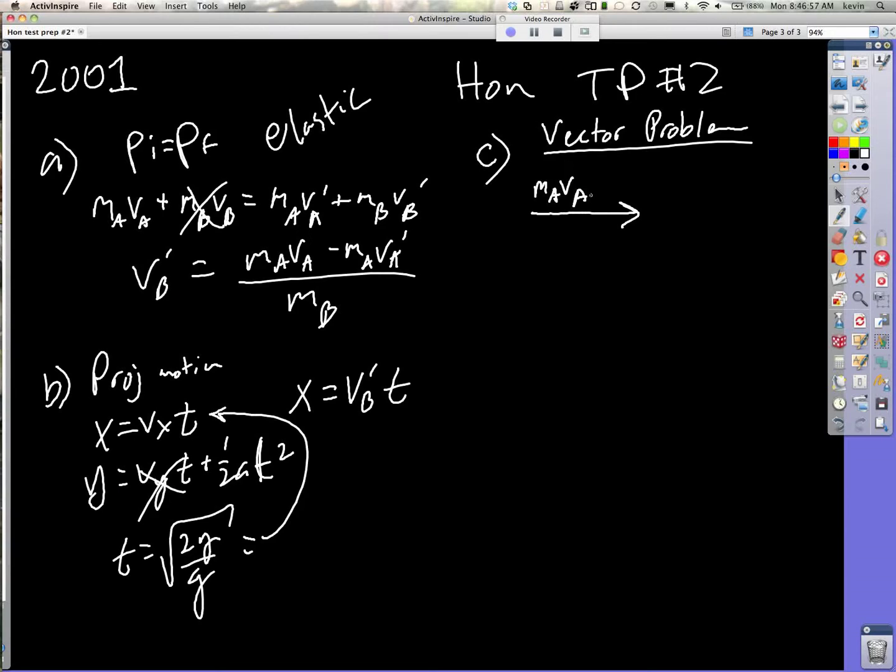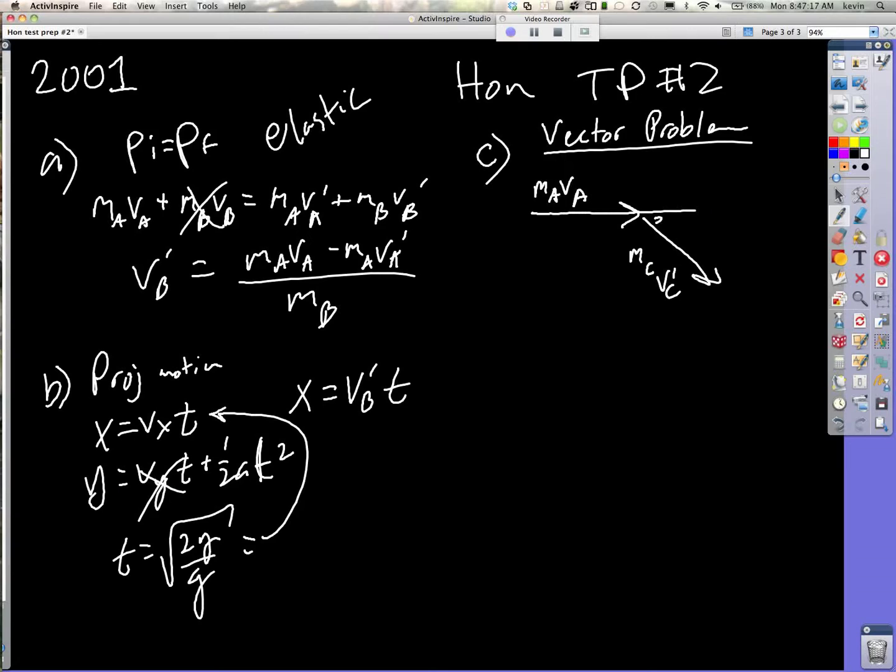This is MC VC prime, because that's a final, and this is 30 degrees. Okay, so calculate the speed of VC immediately after the collision.